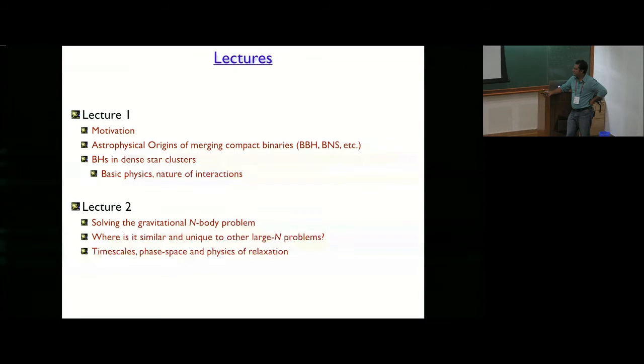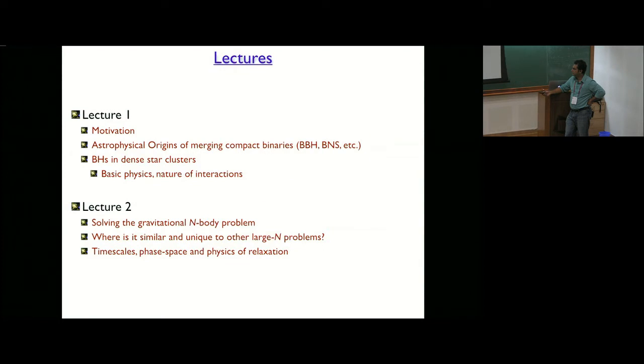It turns out that it's a very unique problem. As you have seen many different types of large N systems, like ideal gas or whatnot. But gravity is a unique force, and that creates all kinds of unique features for gravitational n-body problems.